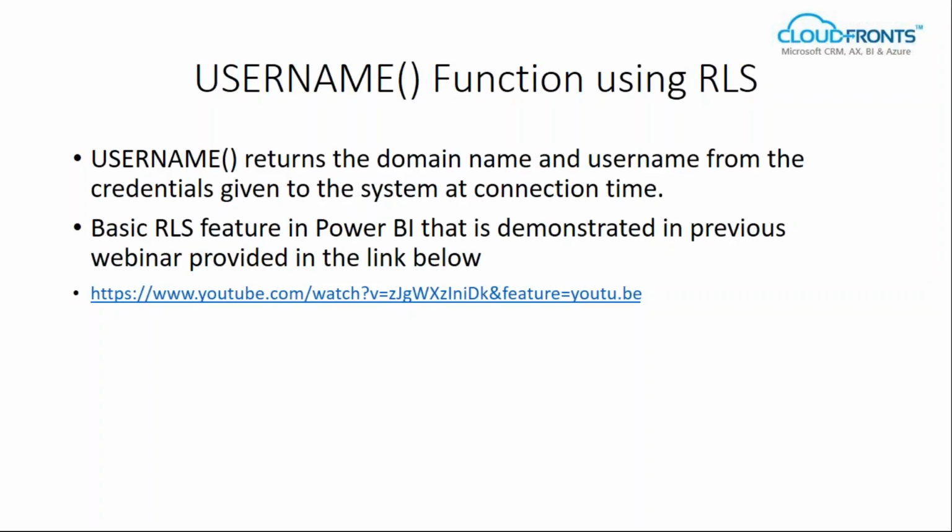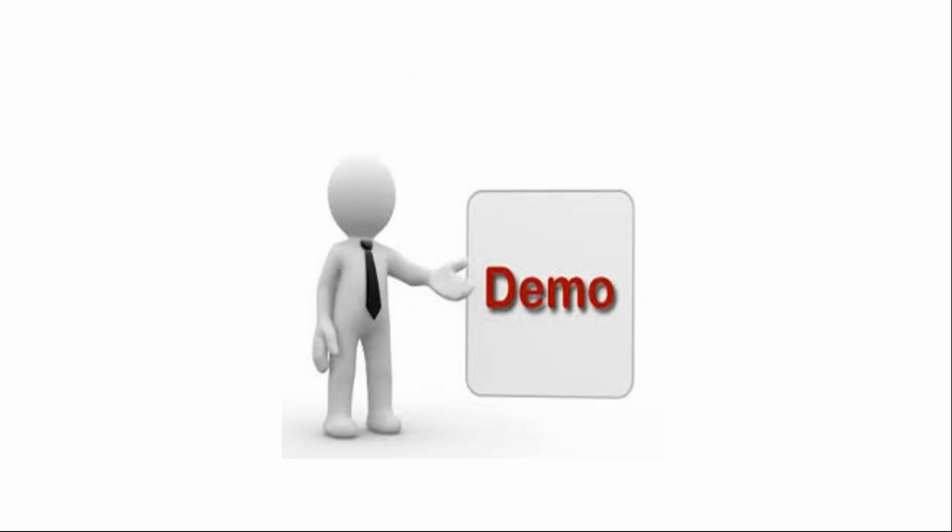Whenever a person logs in using the email ID they use for their Power BI online account, the system automatically creates a user for them and the data gets automatically filtered, and the user logging in with their ID can see only their own opportunities or data. So let's take a look at the demo.